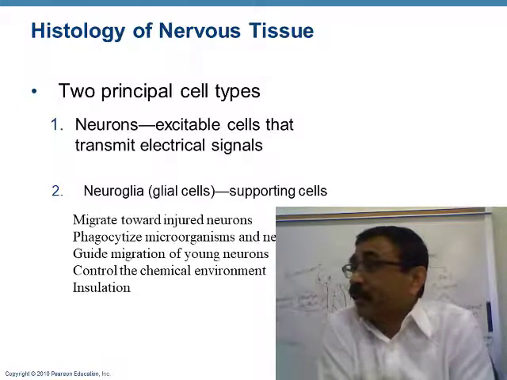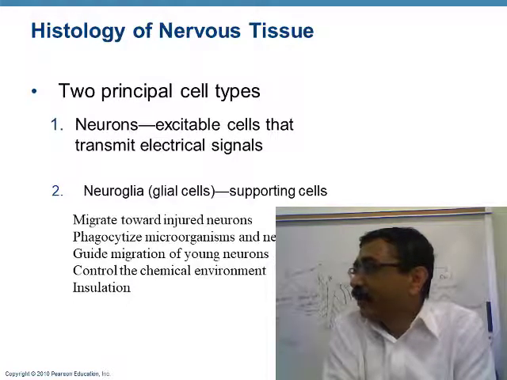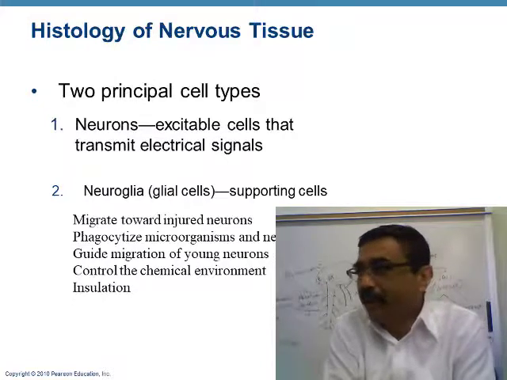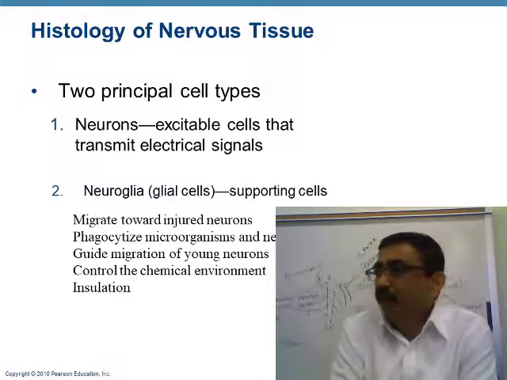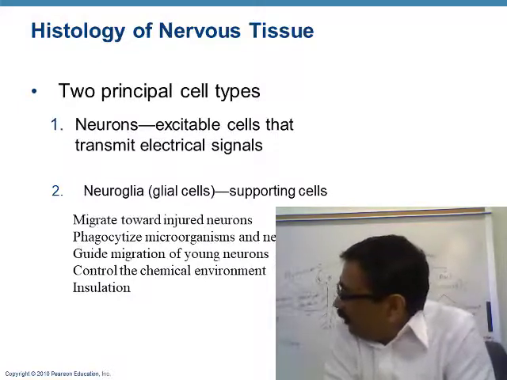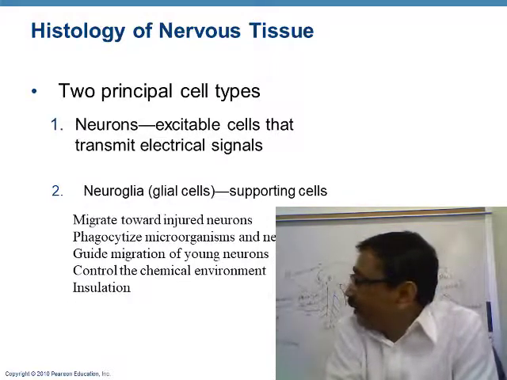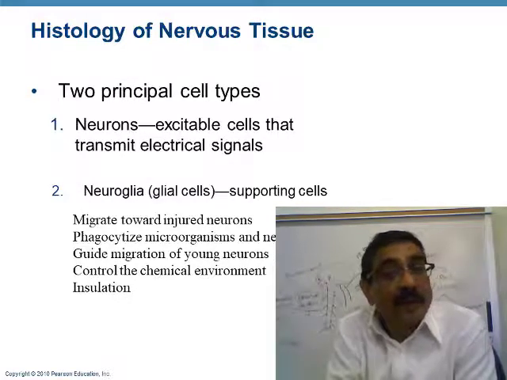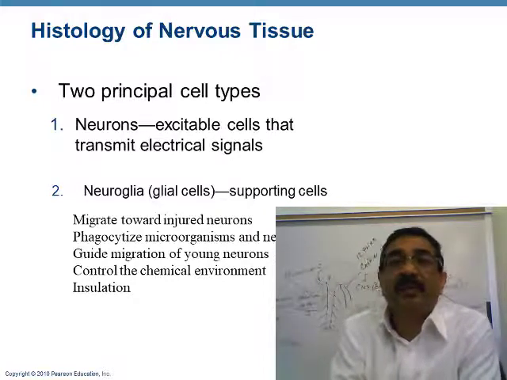Neuroglial cells, the supporting cells, are very important too. Many important functions of supporting cells have been identified so far. Probably more are coming. A lot of research is going on. So far, we know that neuroglial cells perform the following important functions. Some neuroglial cells can migrate towards the site of injury.